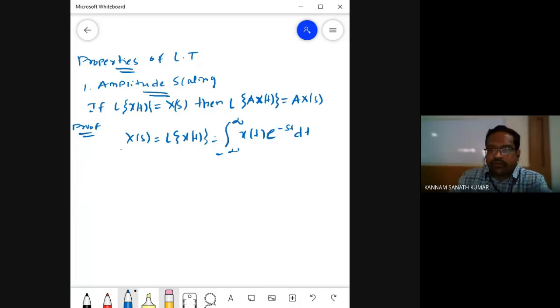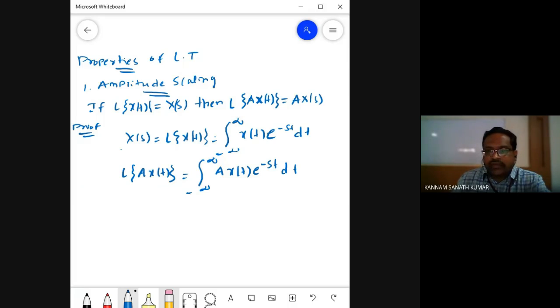Now we need to calculate the Laplace transform of a into x of t, which equals the integration from minus infinity to infinity of a into x of t into e power minus st dt.